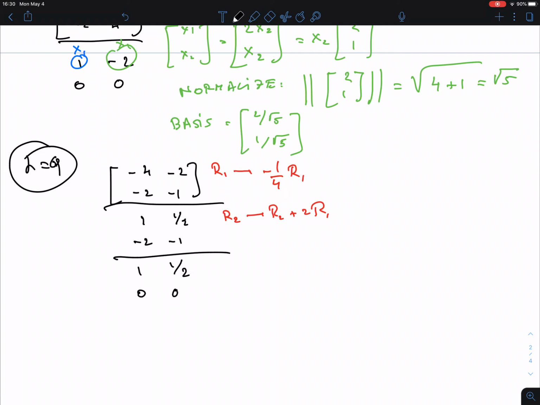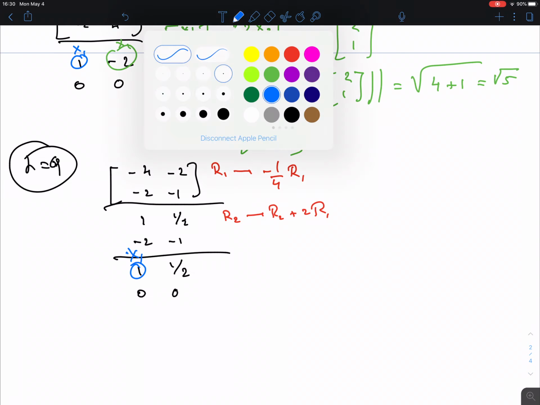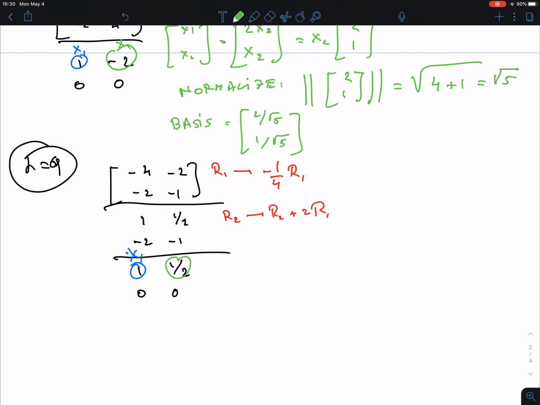Okay, so quickly, this is our pivot variable, this is our free variable, so x2 is itself, and x1 is minus a half x2, so the vector is x2 times minus a half, 1.